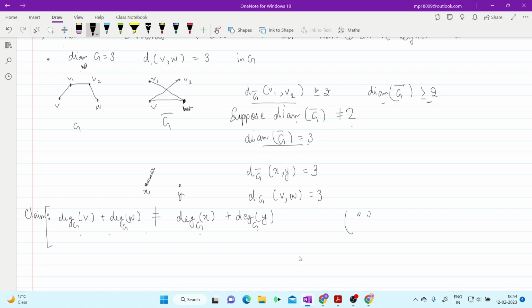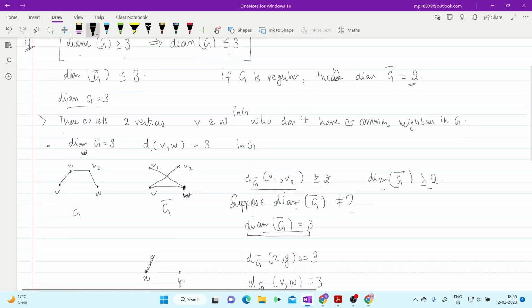Because we have assumed that G is regular. If G is regular, in G all vertices have the same degree, so this sum should come out to be equal. But if we are able to show that the LHS is not equal to the RHS, then we have arrived at a contradiction, and therefore this assumption that diameter G bar is not equal to 2 is false, and we get our result that diameter G bar is equal to 2.